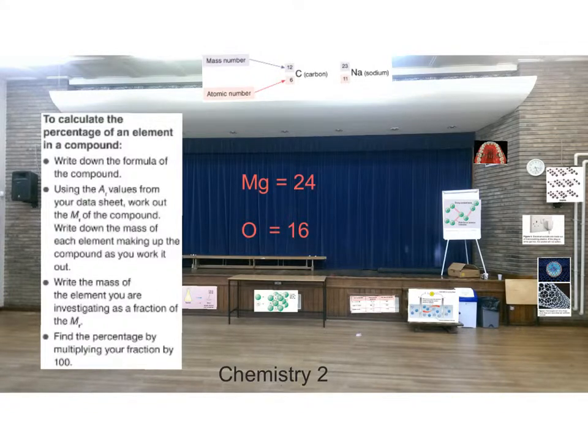The relative atomic mass of magnesium is 24, and the relative atomic mass of oxygen is 16. Adding these together gives us the relative formula mass of magnesium oxide. 24 plus 16 is 40. So, in 40 grams of magnesium oxide, 24 grams is actually magnesium.